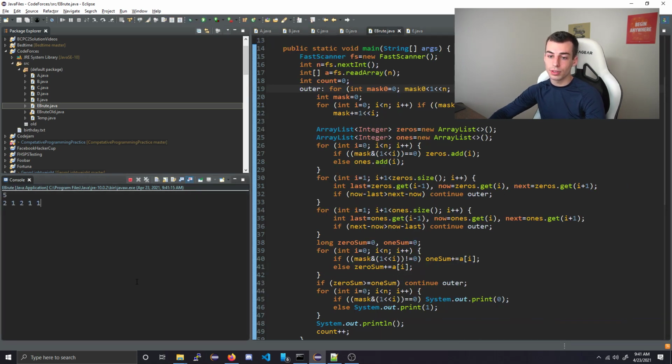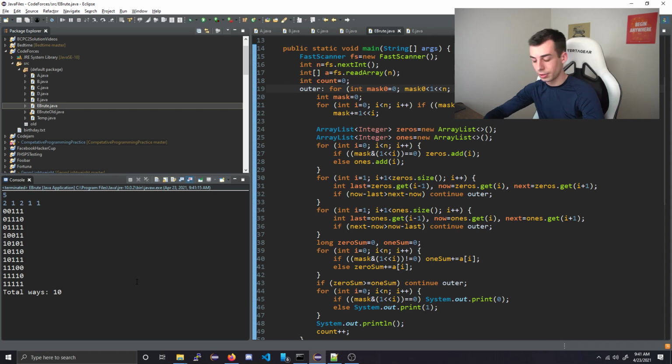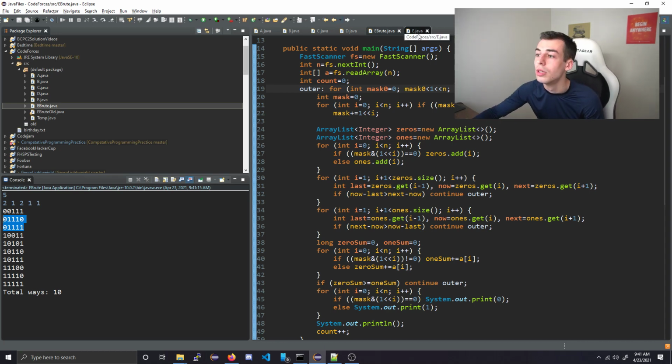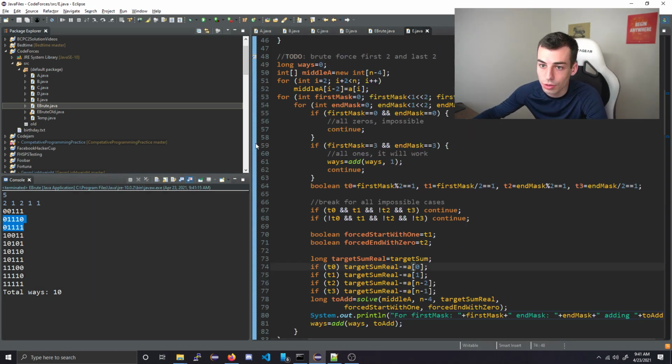Which one are we missing? 0, 0, 0, 1, 1 gives us 1 way. What about 0, 1? There are 2 things that start with 0, 1. We only count 1 of them. So there's 0, 1, 1, 0. There's also 0, 1, 1, 1. We're missing one of those.